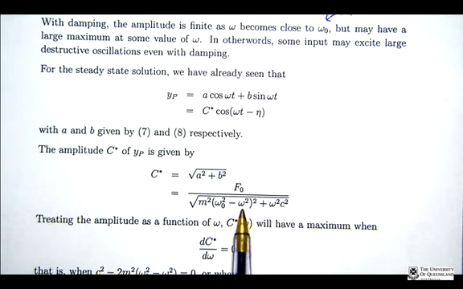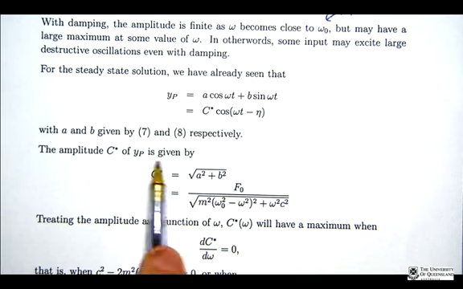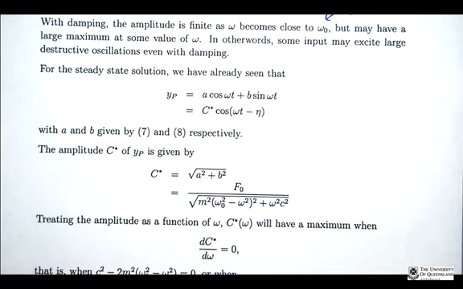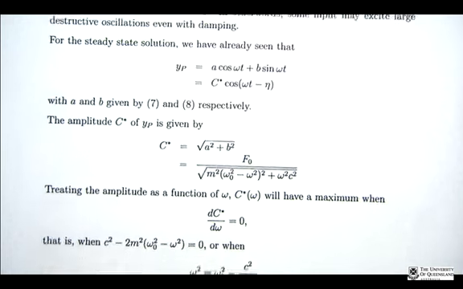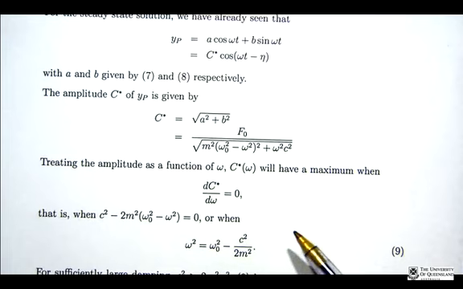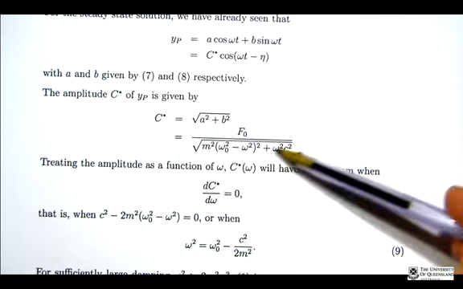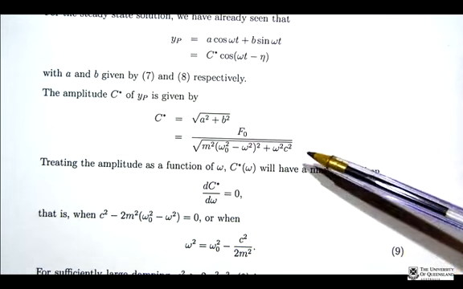Right? So if omega is something we have control over, that's the driving frequency, then you can see that C, this amplitude of the steady state oscillations, the C star, has some dependency on omega. So we can ask the question, well, how does it change with respect to omega, and does it ever reach some local maximum? Well, we can investigate that by differentiating this function with respect to omega.